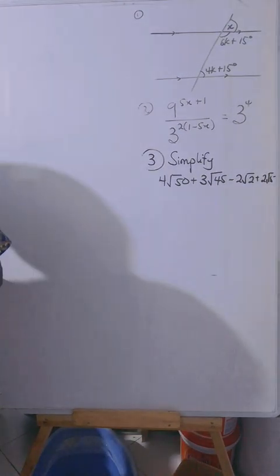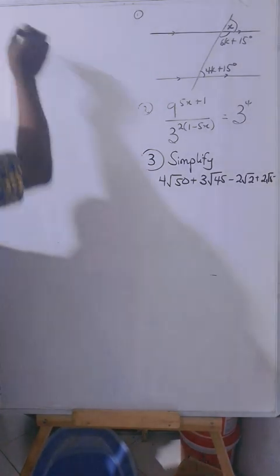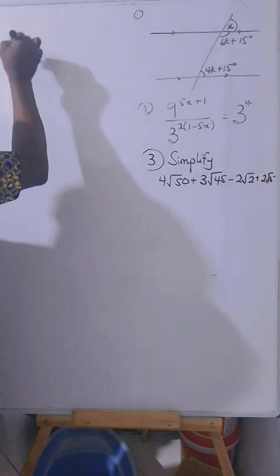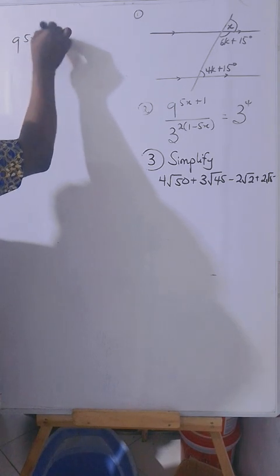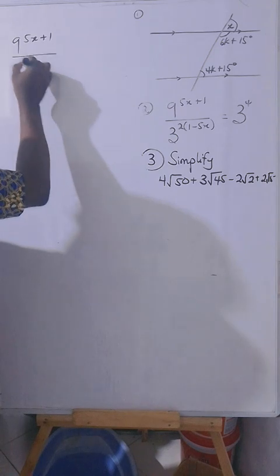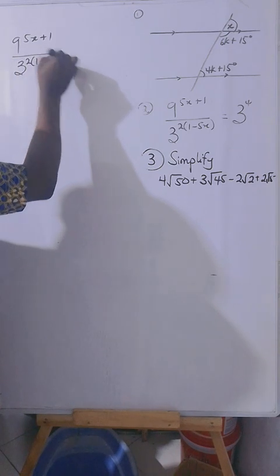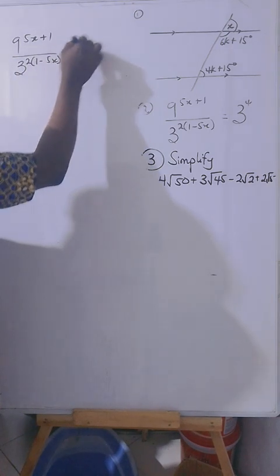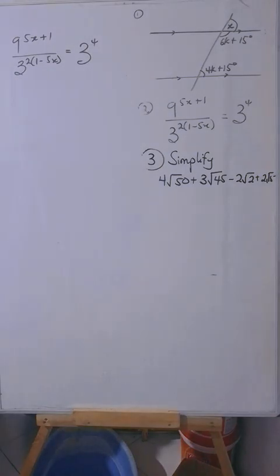So with this one also we have 9 exponent 5x plus 1, divided by 3 exponent 2. We have 1 minus 5x equals 3 exponent 4. Alright. So that is the question we have here.